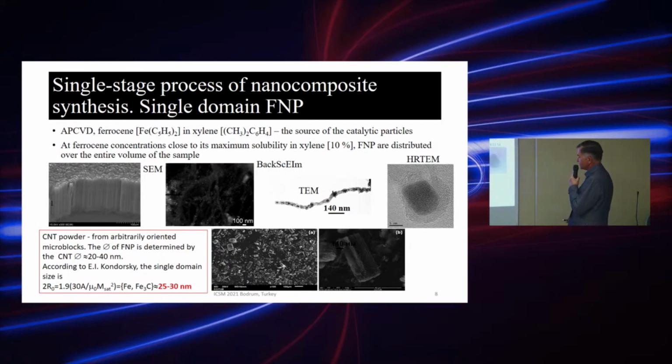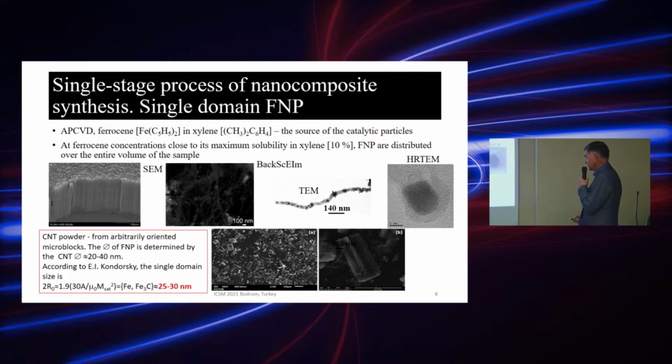Under conditions we use, the diameter is within this range, 20-40 nanometers, and we may estimate the single domain size for iron and cementite. This is our two main materials. According to Kondorsky, this critical size is in the range of 25-30 nanometers.